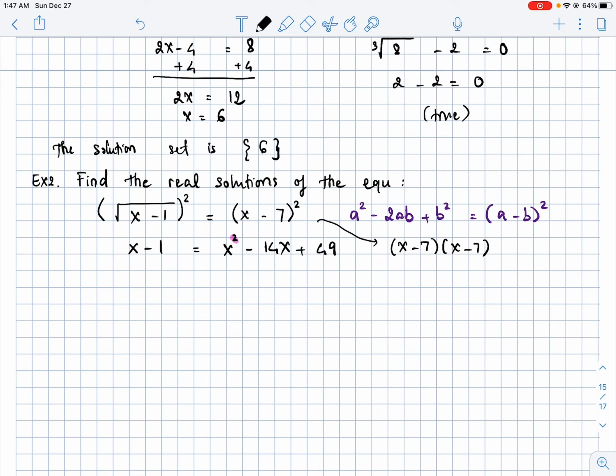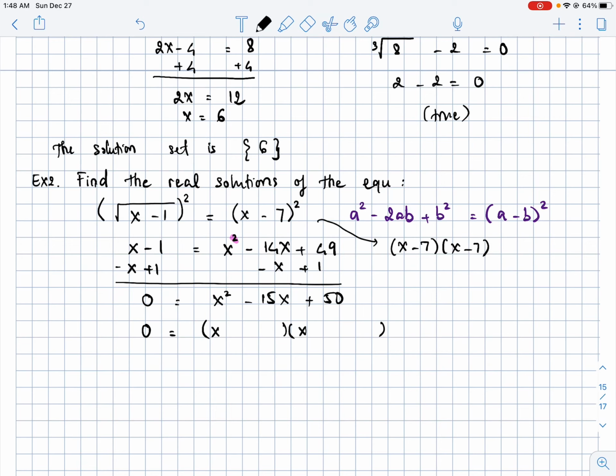We have the x squared in this equation, so we think about a quadratic equation. We will make one side equal to 0. We will subtract the x and add 1. And then we will factor. We try to factor first, so we get x and x.